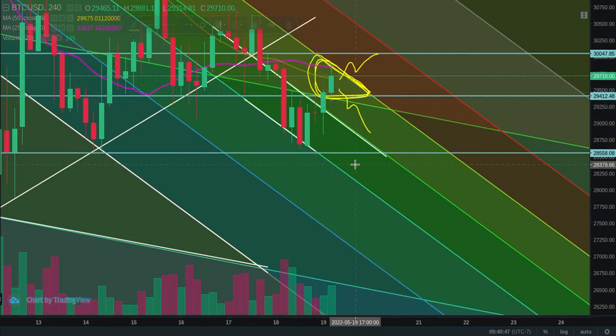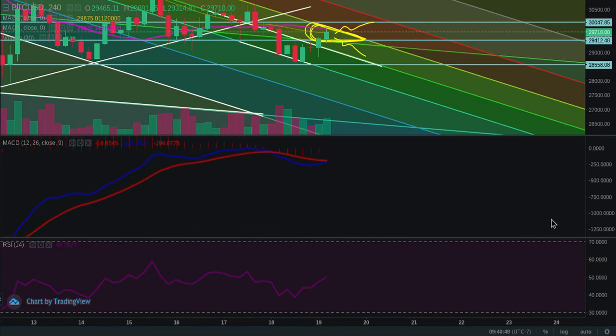But the thing is, the way the RSI is going up, we're getting close to this 50. Or actually, we might have touched the 50. Let me put this 50 line, that way I know.